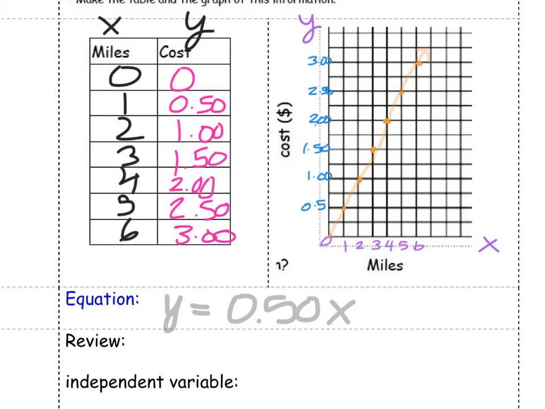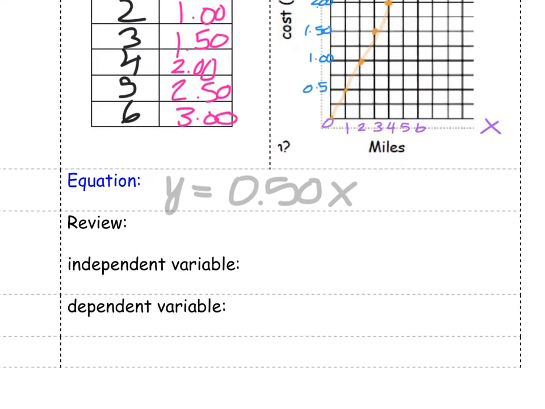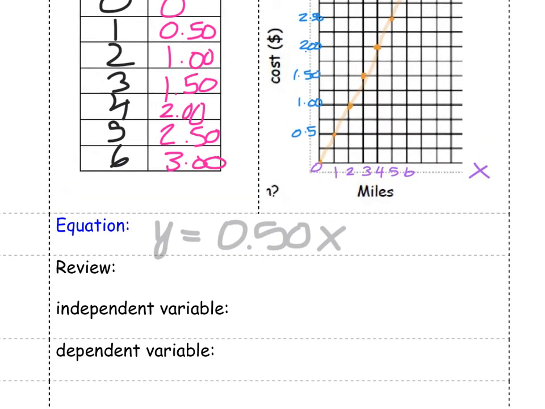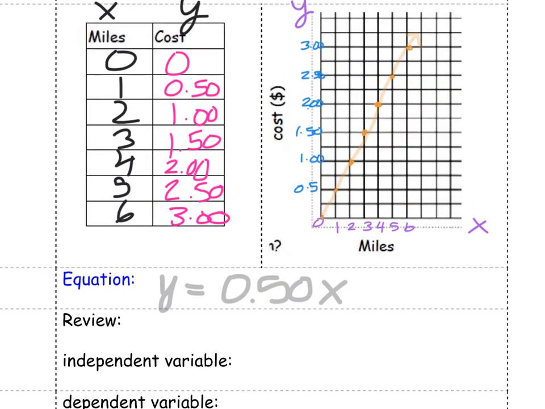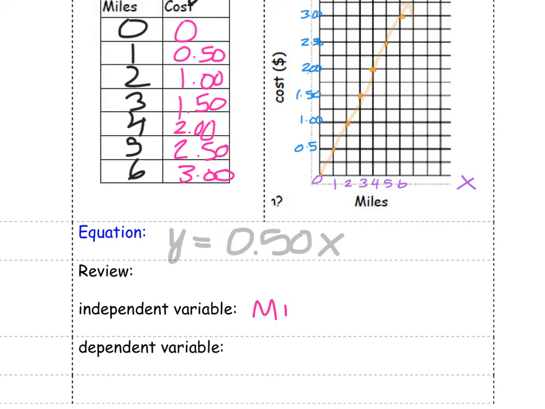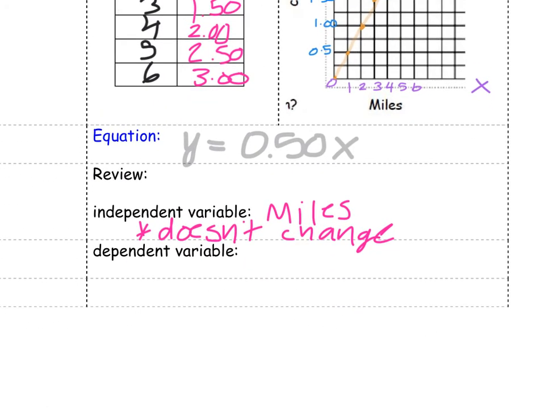So as a review, the independent variable is the variable that doesn't change. So our independent variable is our miles. Again, I mean, it changes, but not like the way the dependent variable does.